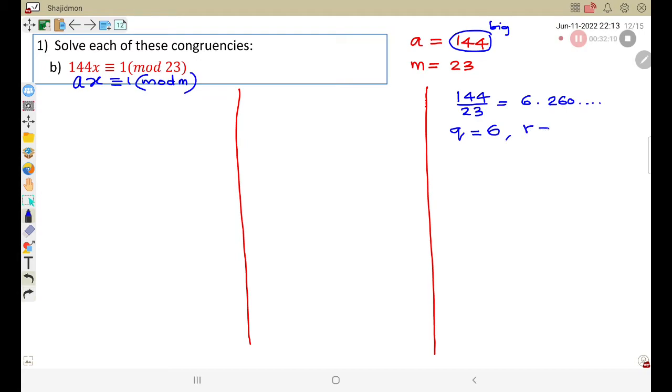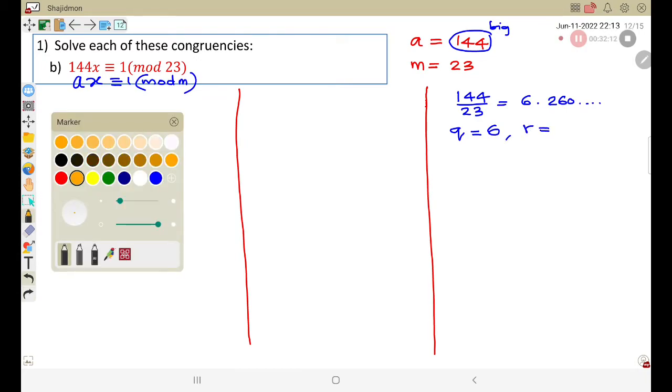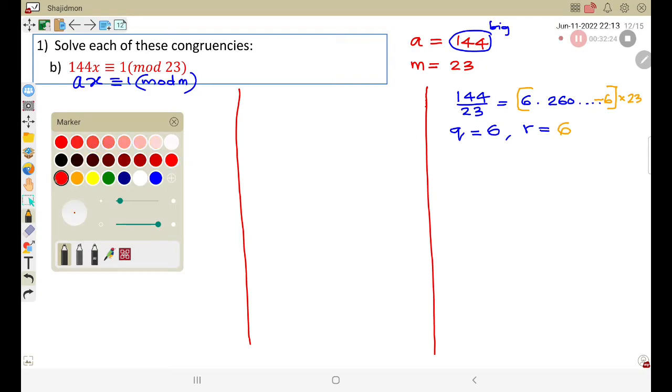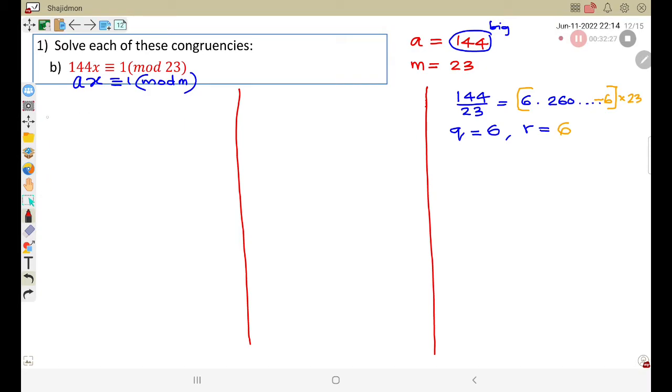What is the remainder? Remainder means opposite of the quotient number, minus 6, multiplied by the divisor number 23. So you will get 6. Quotient also 6, remainder also 6. So first step: 144 equals quotient 6 times divisor 23 plus remainder 6, correct?